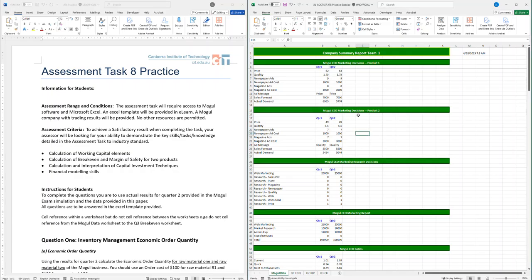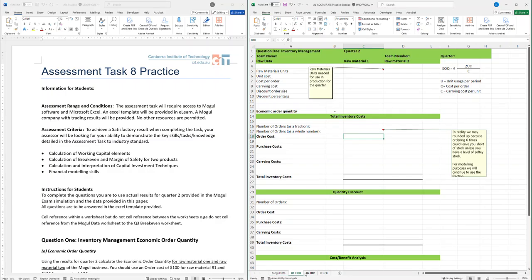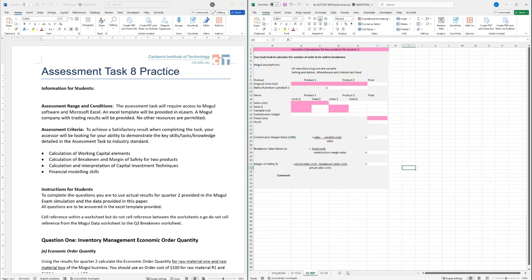Let's quickly go through the tabs in the practice exercise. We have a local database, which is the important fundamental source for you to identify the key information to input for question one, EOQ, economic order quantity.